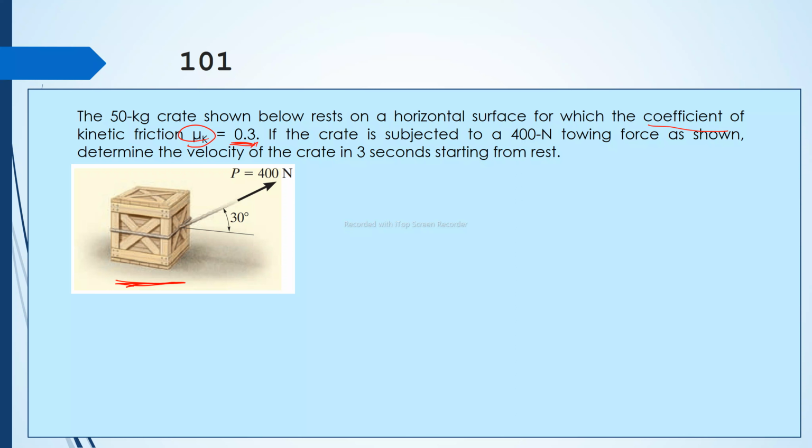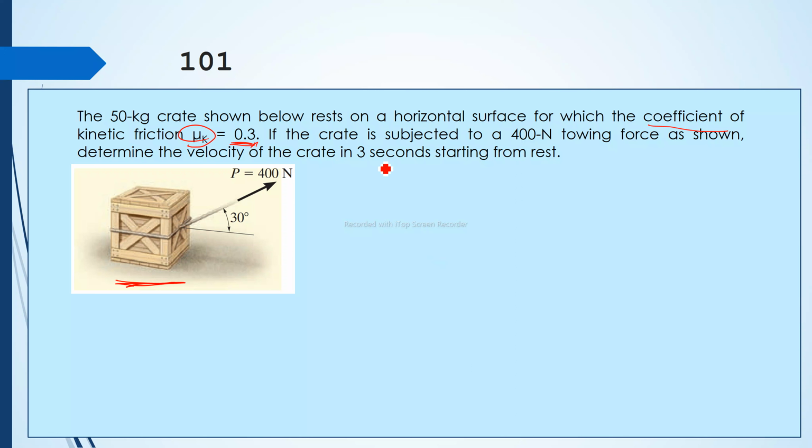That's why we call this the coefficient of kinetic friction. It would be the coefficient of static friction if it was not moving, but since the object is moving, we have the coefficient of kinetic friction. The coefficient of kinetic friction, mu k, in the example is 0.3. That is the coefficient of kinetic friction between the floor and the crate.